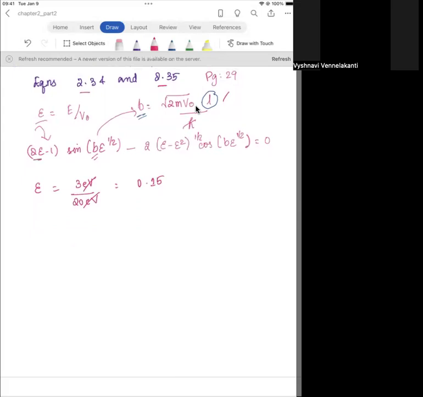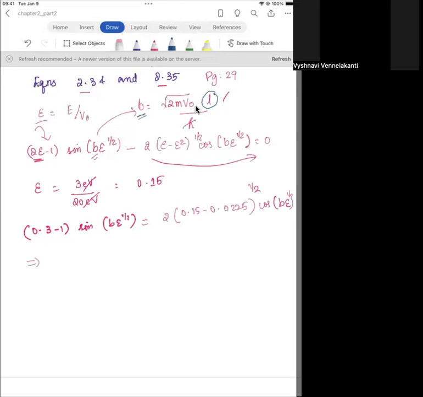So 2 times epsilon is going to be 0.3. Sine of this, let this stay this way. We'll plug those values in later. So I can bring this to the other side of the equation, and write it as equal to 0.15 minus epsilon squared, which is 0.0225, or half, and cos B.